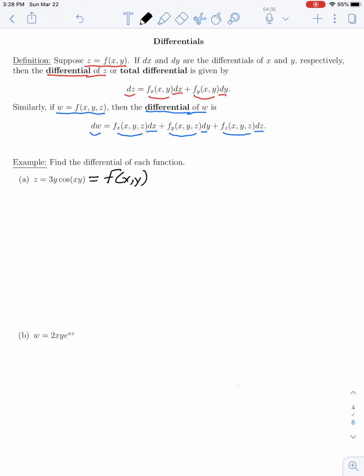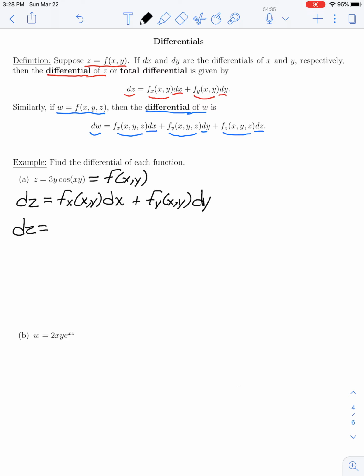Our differential, or total differential of z, which we denote as dz, would be given by the partial derivative of f with respect to x times the differential of x plus the partial derivative of f with respect to y times the differential of y. So really all we need to find are the partial derivatives of this function.